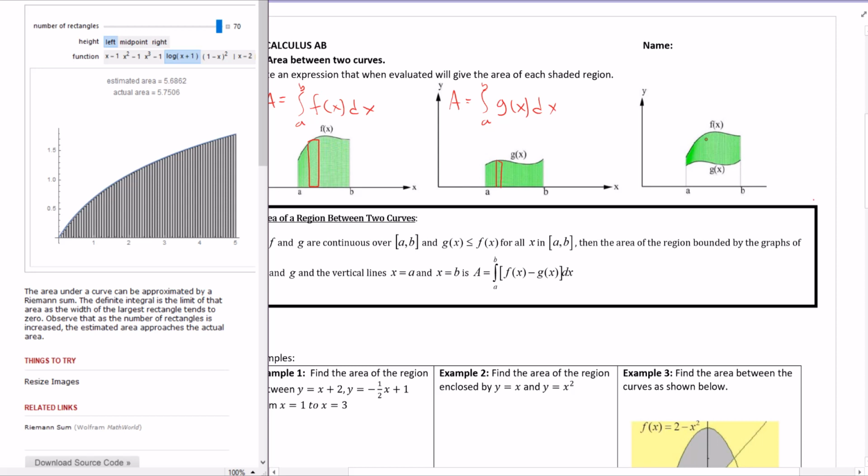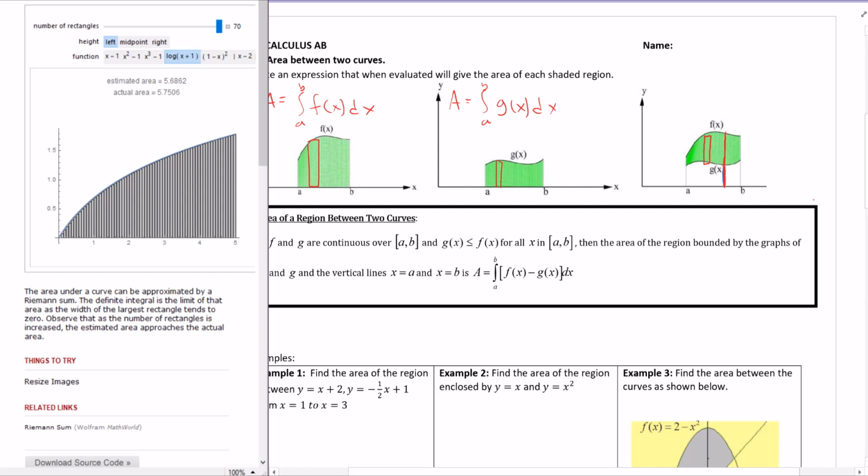But if I start drawing the rectangles I need to use here, notice how they look like this, right? So if I was trying to find the height of this rectangle, it wouldn't be this entire height. That entire height would be f of x. It's basically that big height, but then we don't want this little bottom piece on here.